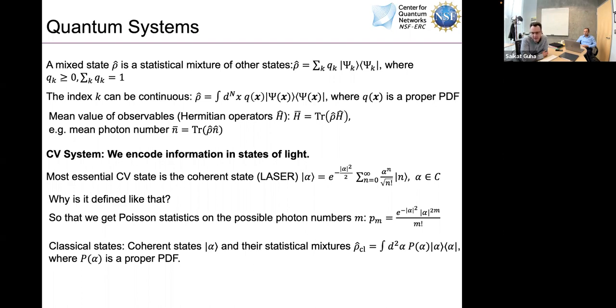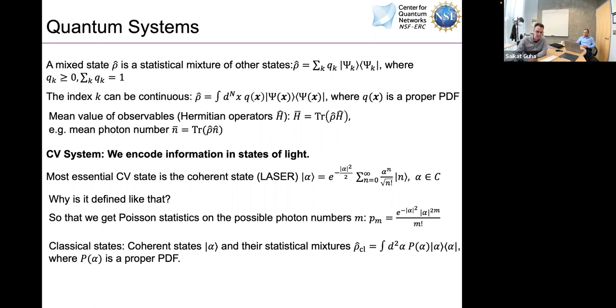The answer is simply that a classical state is any state that you can write in this form, where this P of alpha is a proper PDF, a proper probability distribution function. If you cannot do that, or if you can, but you find that your P of alpha is not a proper PDF, for example, it is negative, or even imaginary, or something like a derivative of some weird function like the Dirac delta function, then your state is non-classical.